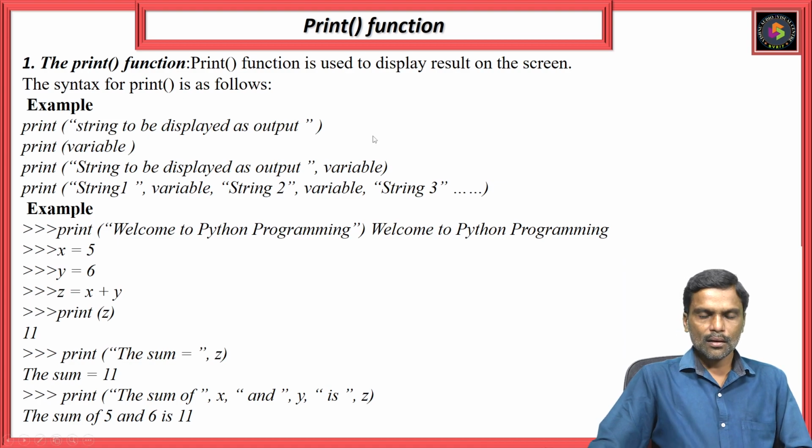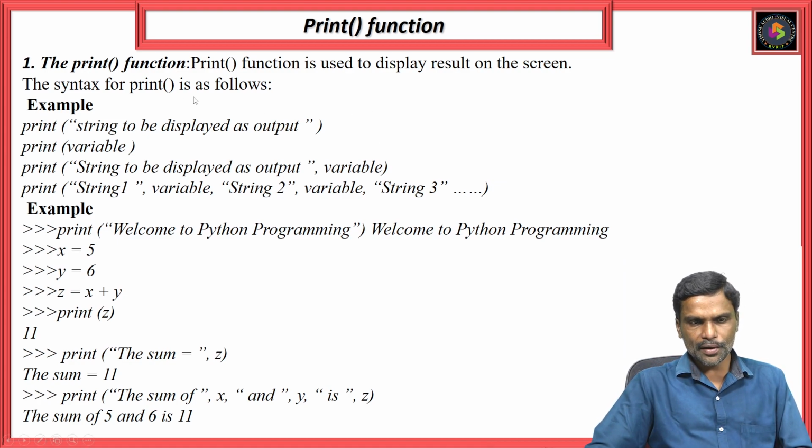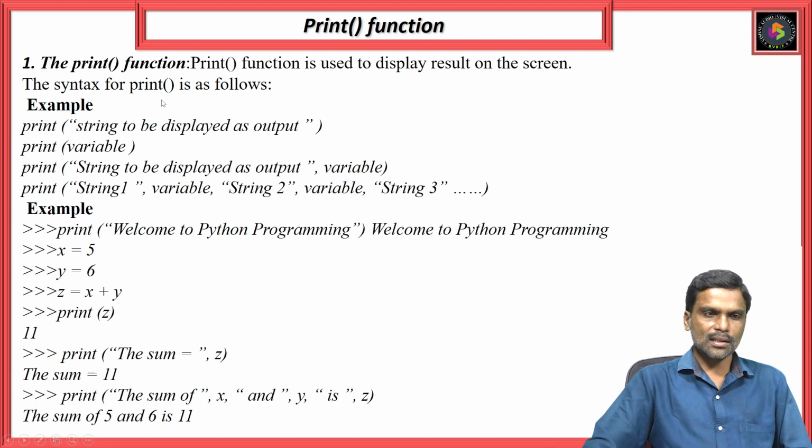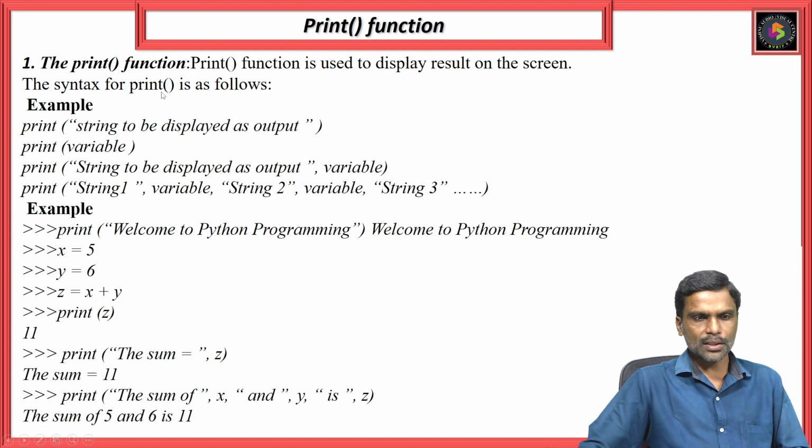Next, we have just seen that printf is a function used to display the result on the screen, or we can say output on the screen. The syntax for the printf function is print with parentheses. Here you can see print string to be displayed as output, print variable. Within this parenthesis, if you want to display a string, you can write it in double quotes.